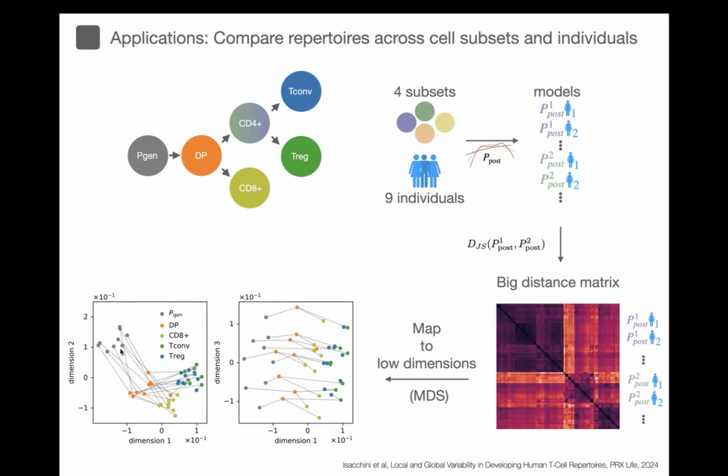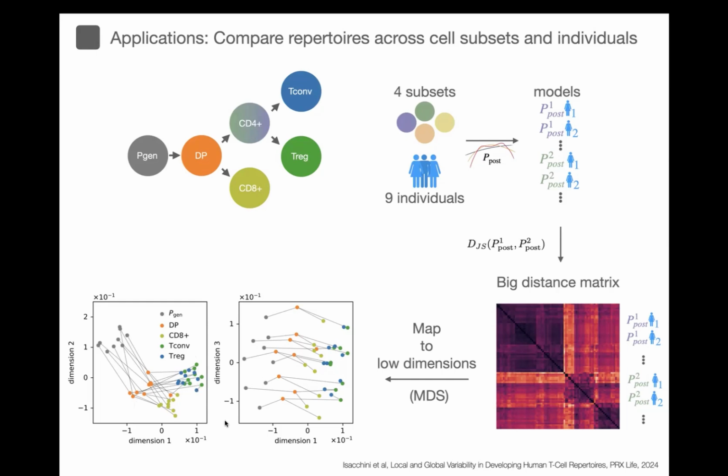We have the PGen repertoires for the 9 individuals, and they are connected by a line if they belong to the same individual. So we go from this PGen repertoire to the double positive stage, then the CD8 positive stage, and the 2 CD4 positive stages cluster a little bit together, so it's harder to separate the 2.